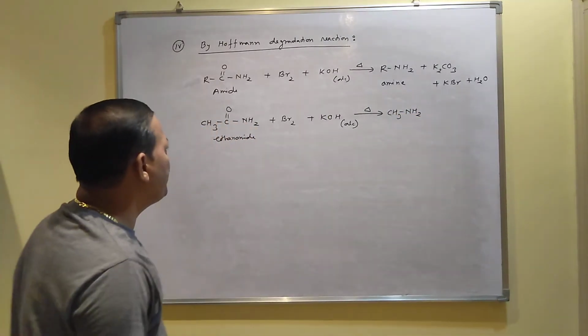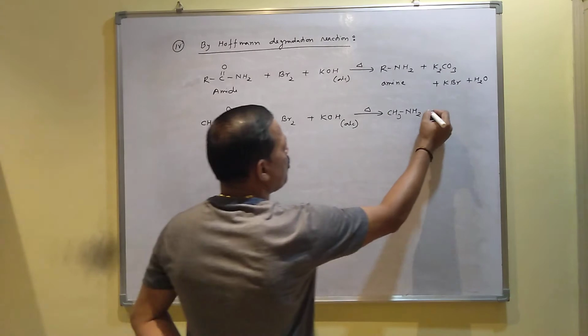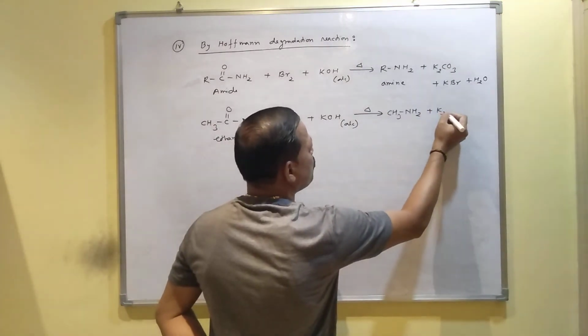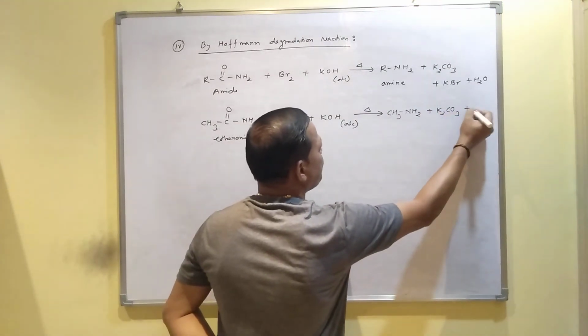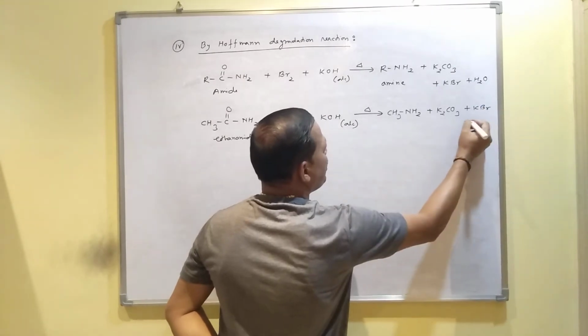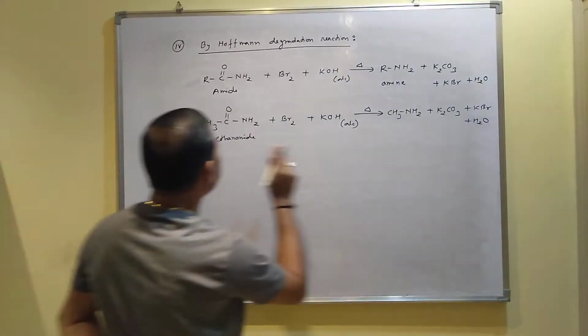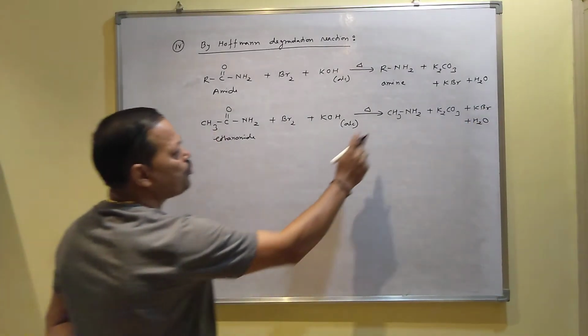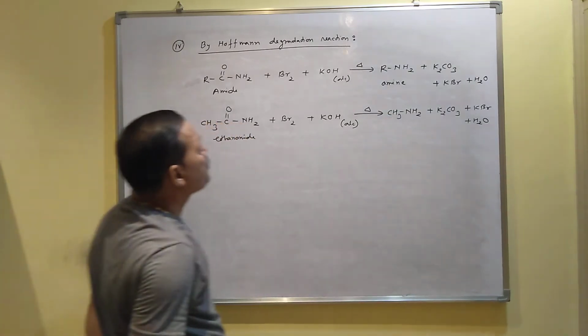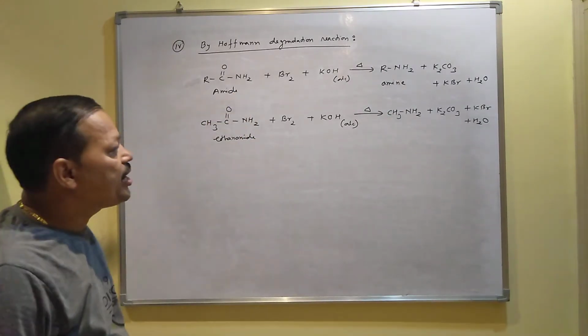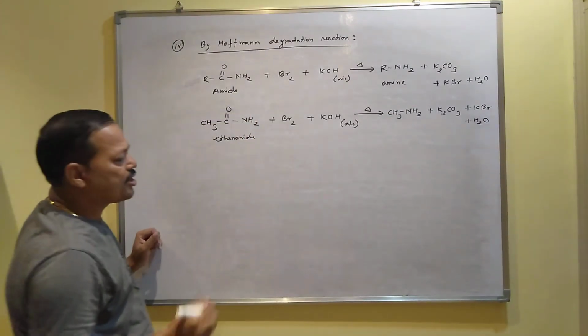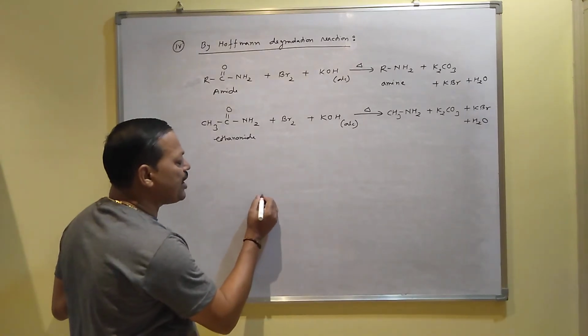Potassium combines with carbon to produce potassium carbonate, and side products KBr and water. See, here the reactant contains 2 carbons, in the product side you got 1 carbon, and that's why the reaction is called degradation reaction.